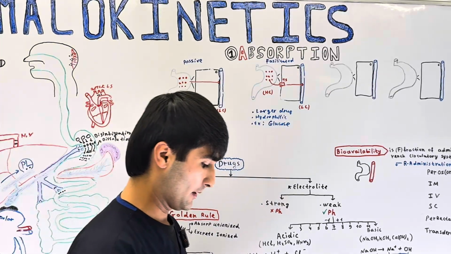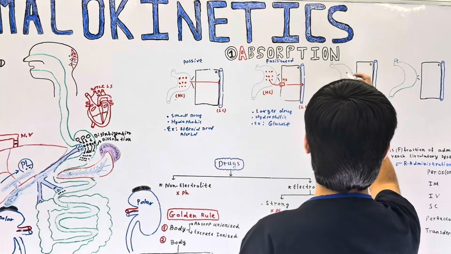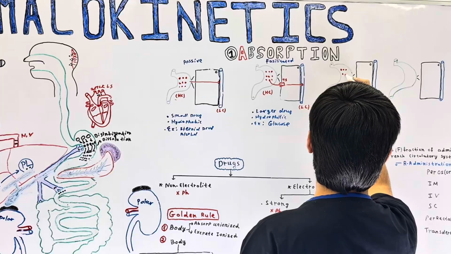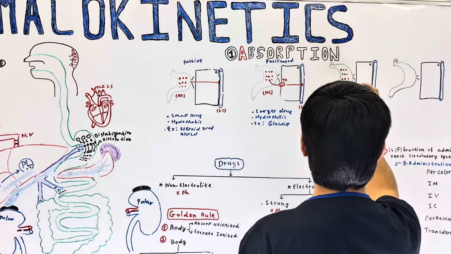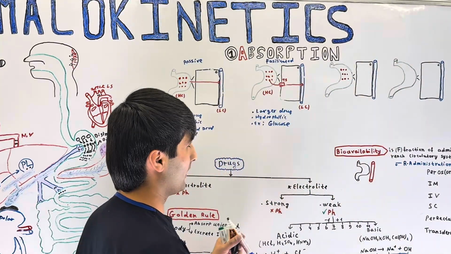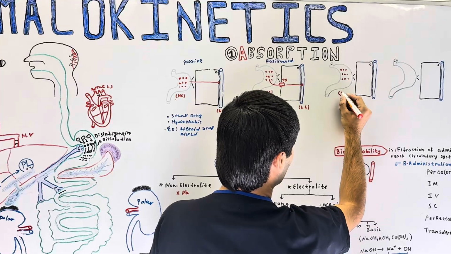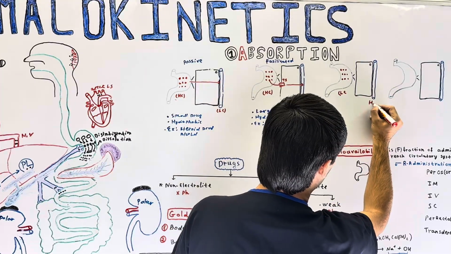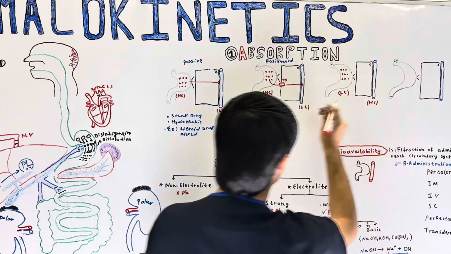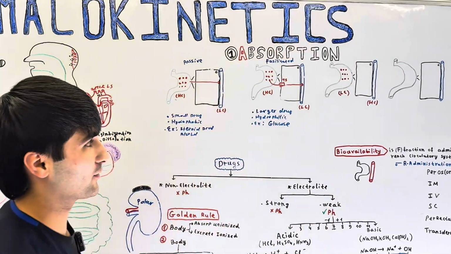So the third type. There are some drugs that, when they reach the stomach, transfer from the low concentration to the high concentration, vice versa to facilitated or passive absorption.